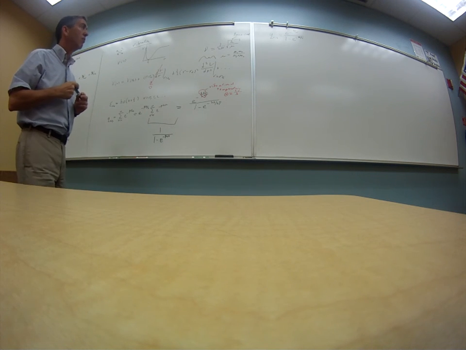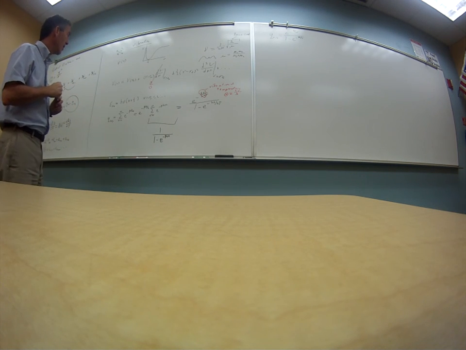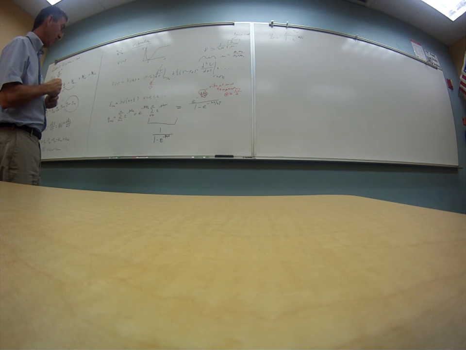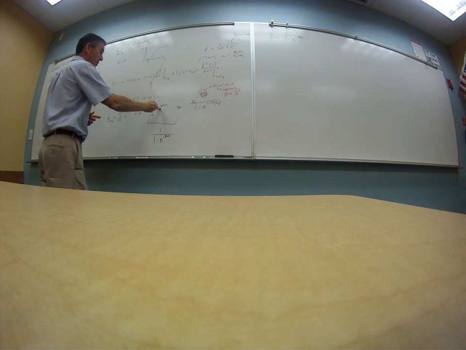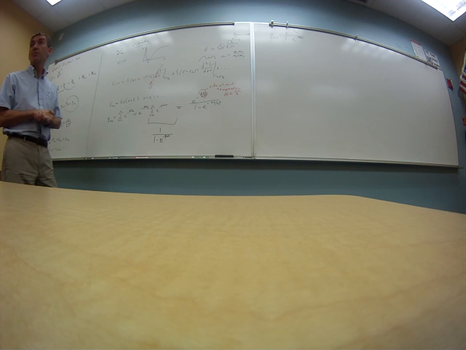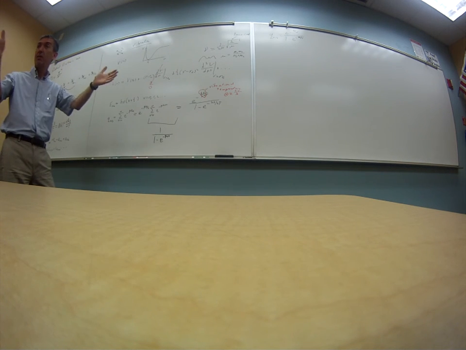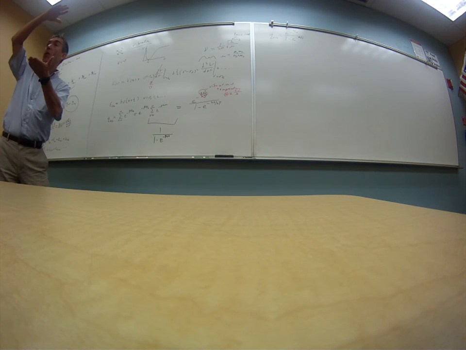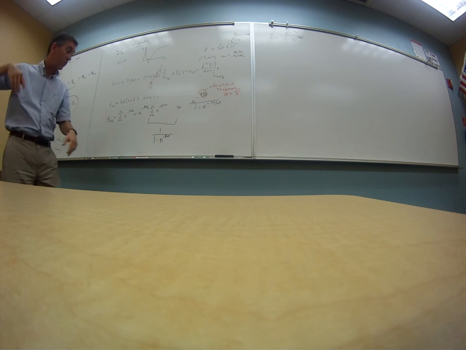A couple of points. We evaluated this by replacing it with a sum. We could also have approximated it as an integral if we wanted. It turns out it's usually not a good approximation because the vibrational levels are so widely spaced that they're too discrete.